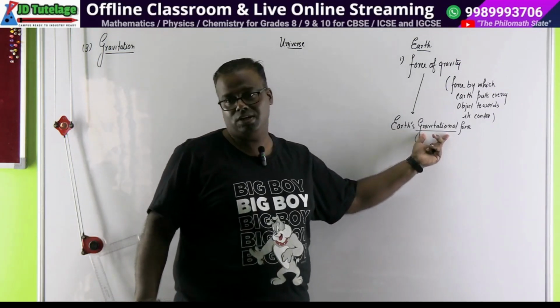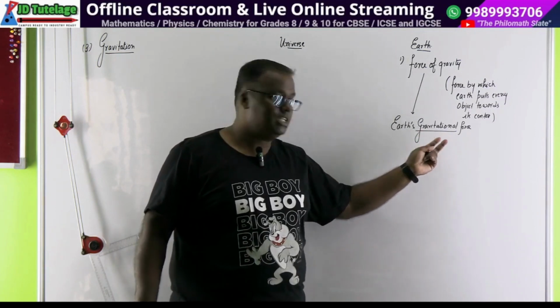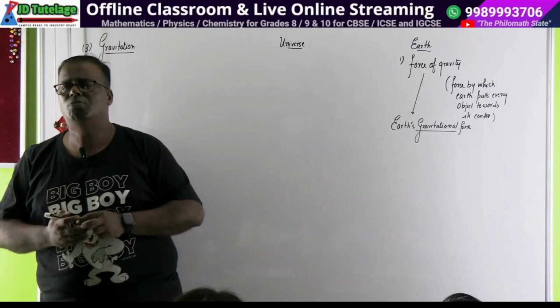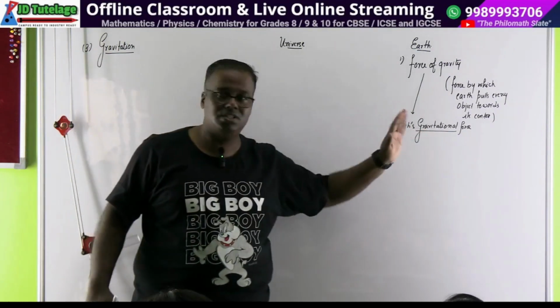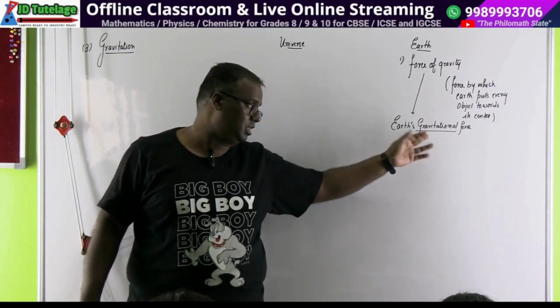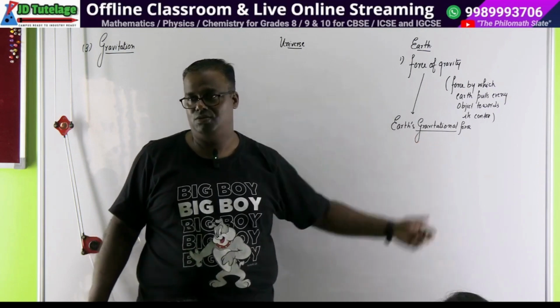This is the word gravitational again. Gravitational is a universal commodity, right? Commodity means right now understand it's a universal concept. When you are assigning it specifically for the earth, that's why I used an adjective: earth's gravitational force.